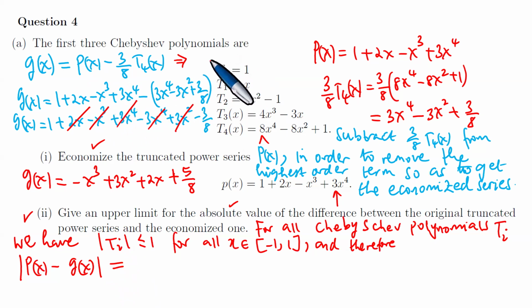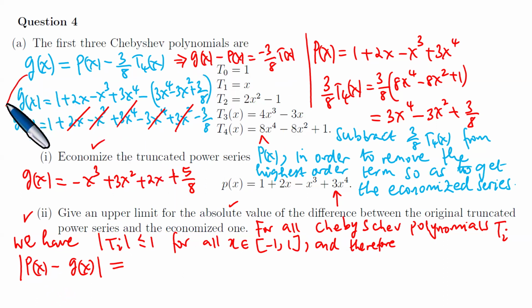Whenever you have g of x minus p of x, it is exactly the same as minus 3 over 8 T4 of x. But if you take the absolute value, then you can play around with this, and it will ensure that you can also do it differently.